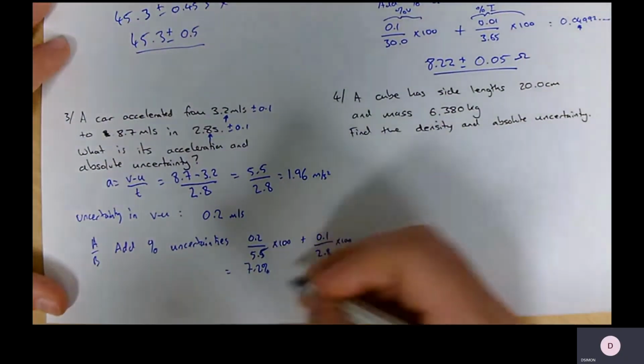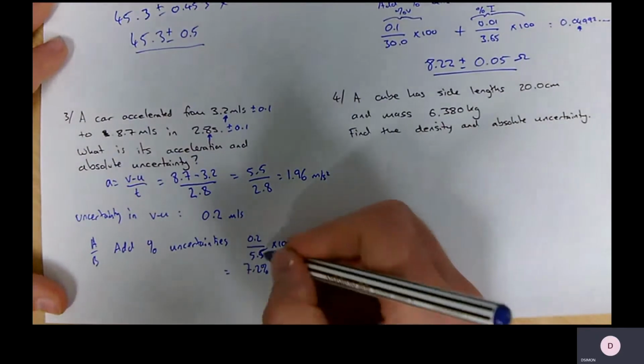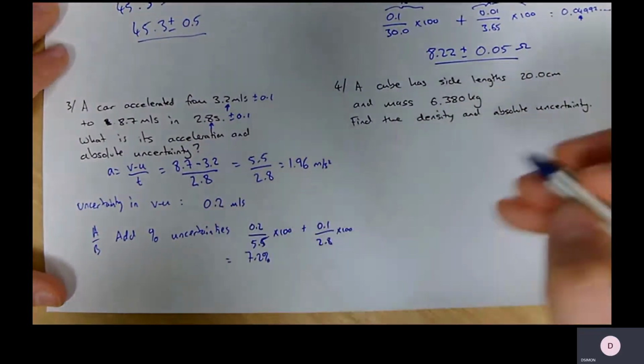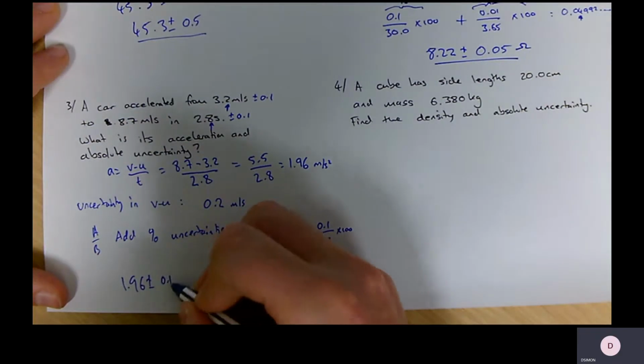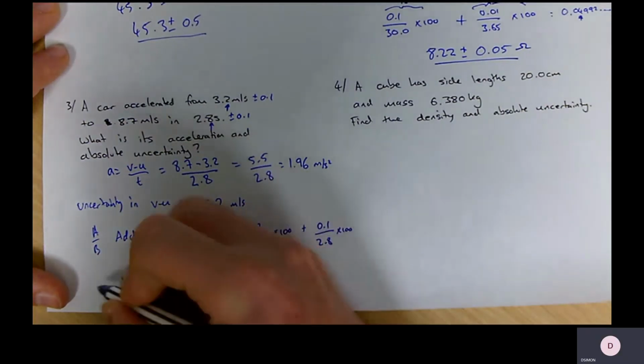We then need to turn that back into an absolute uncertainty, so turn that back into a number, and we end up with this for our value of acceleration.